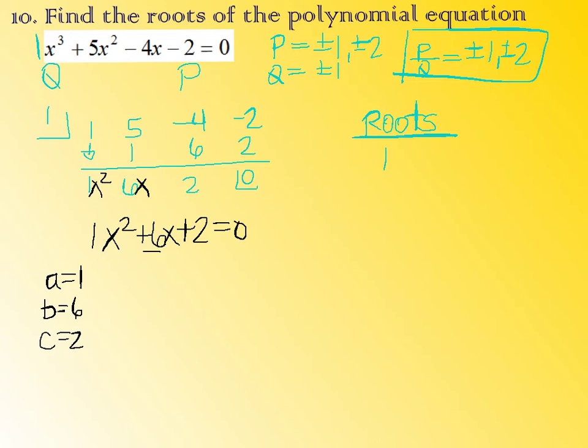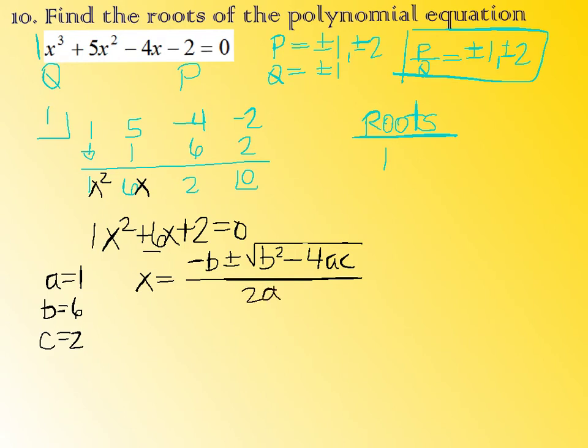Now the quadratic formula is x equals opposite b plus or minus square root of b squared minus 4ac, all divided by 2 times a.